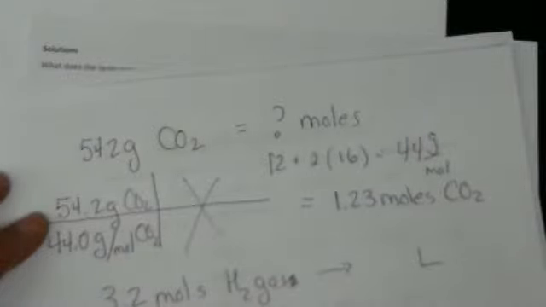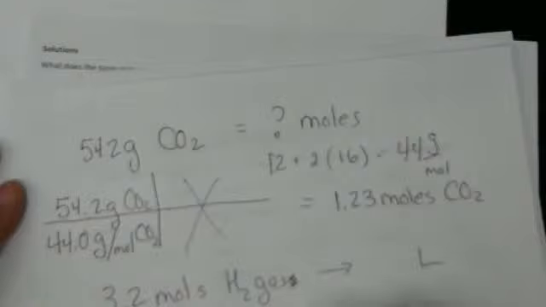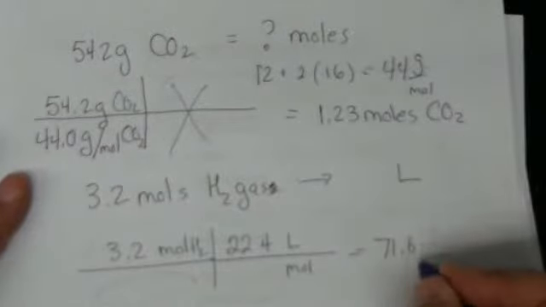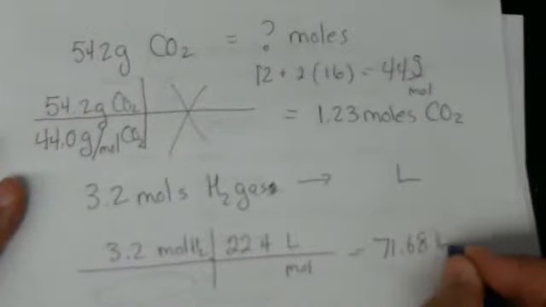So we don't need to do anything here, because our given is already in moles. Now we need to come over here and use 22.4 liters per mole for anything. So 3.2 times 22.4 is 71.68 liters.